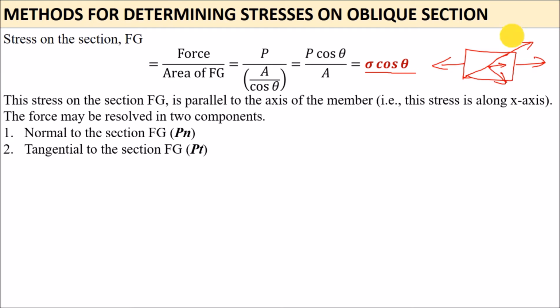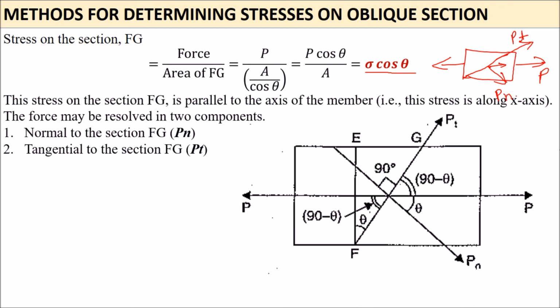Here you can see force P is acting at angle theta, and we divided this force into two parts, one normal to the plane, Pn, and one tangential to the plane, Pt.